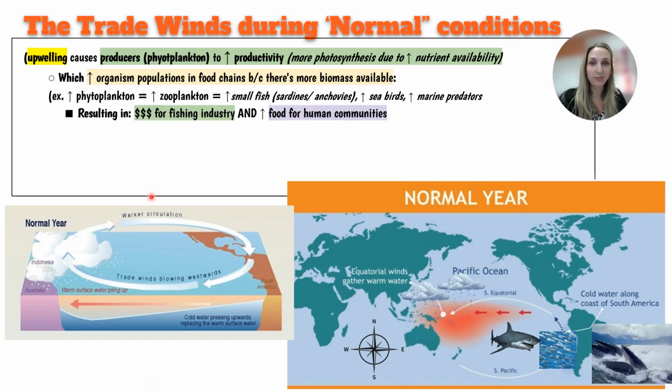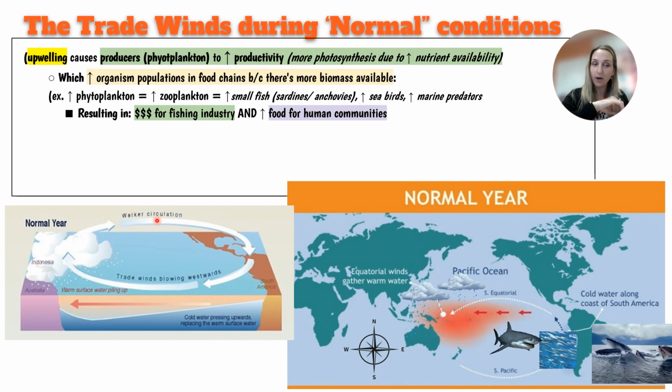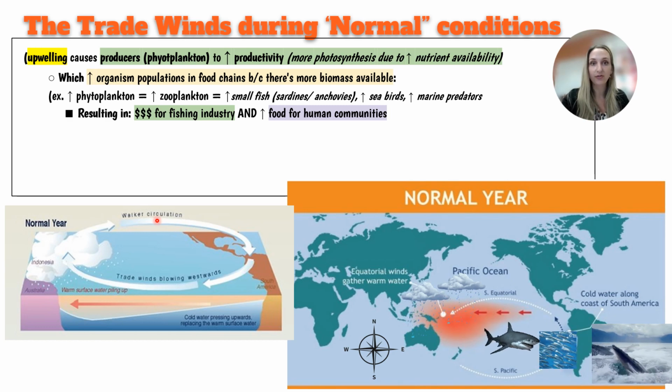This is going to result in more money for the fishing industry. It's also referred to as more money for fishers or fisheries. Fisheries is like a fishing company. Fishers is like fisher people, fisher folk, fishermen, fisher women. And it's always another mark. There's going to be more food for human communities. So there's the economic aspect of it, and then the social aspect of it.